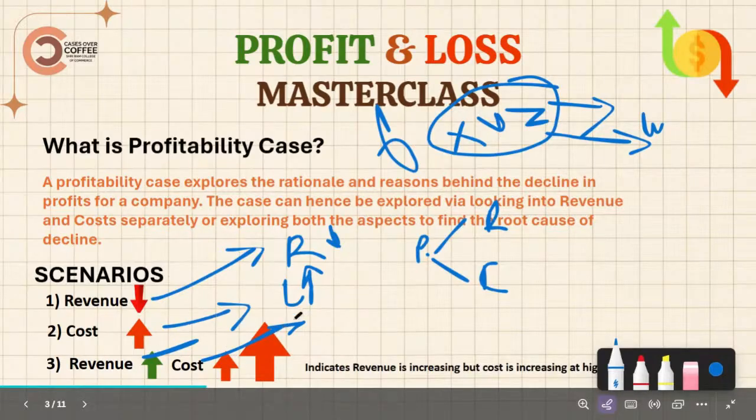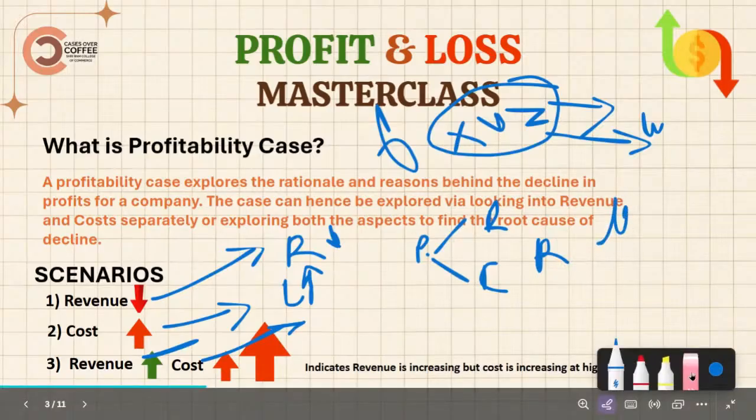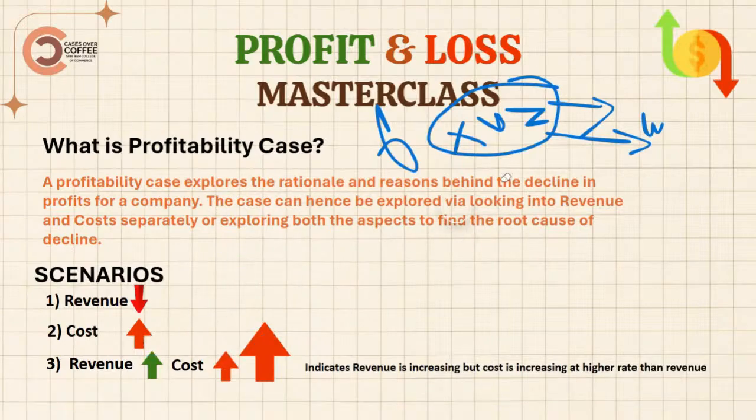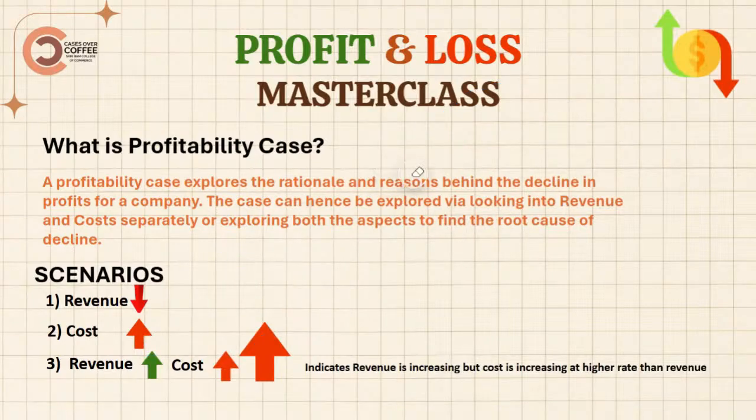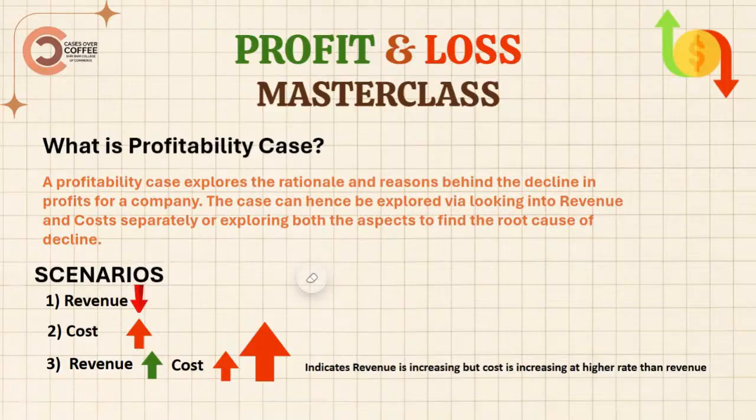Now, in this scenario, again, the profit of the company will be affected. In these cases, initially you'll be getting very vague statements like the profitability of, let's say, Netflix or Swiggy has fallen down. Now you need to break it down on revenue and cost, and then find out the solution further, like what is the core reason behind that.